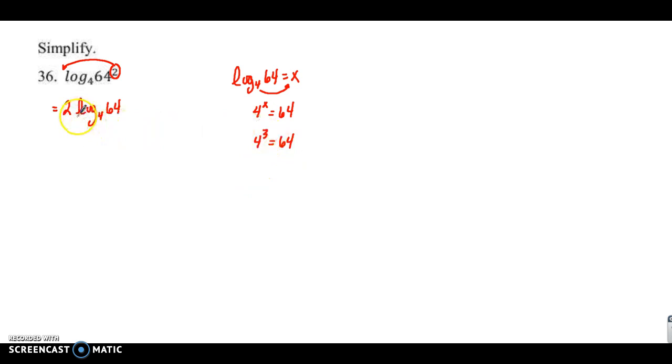So therefore, since this is equal to 3, then that will be 2 times 3, or simply 6. Okay? If it's the calculator portion of your test, you can take that and just plug it straight in and get 6. There's nothing wrong with doing that either. Okay?